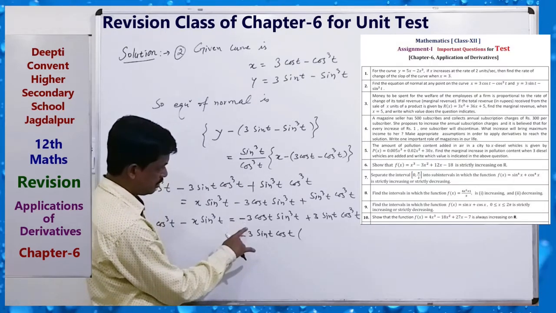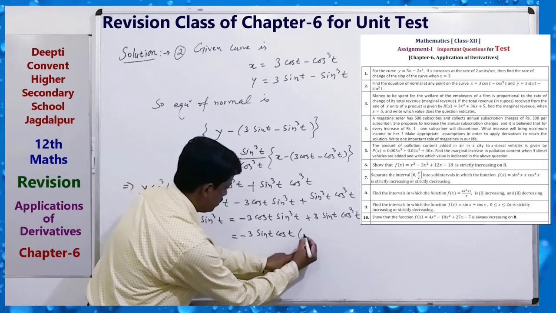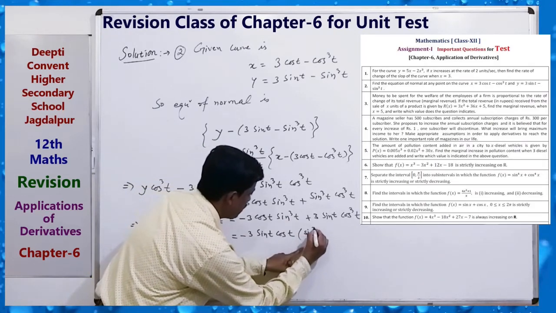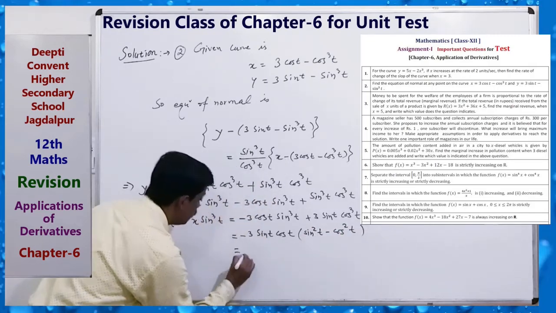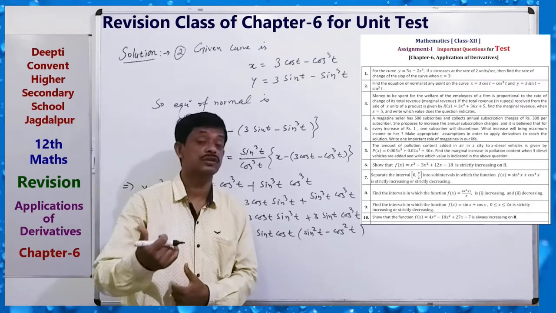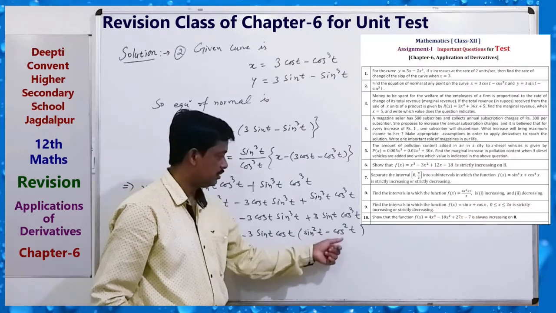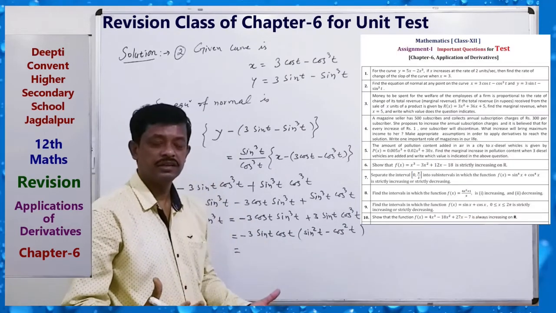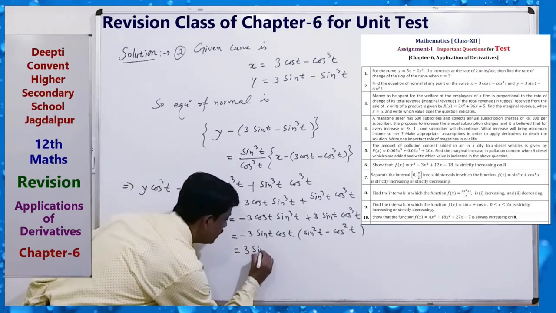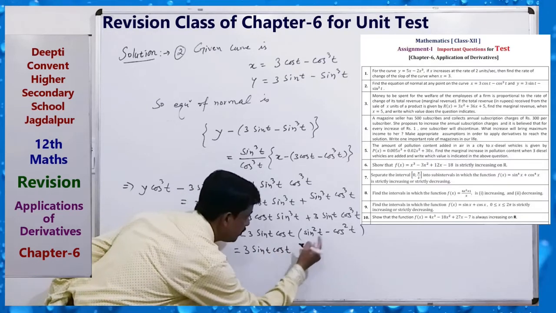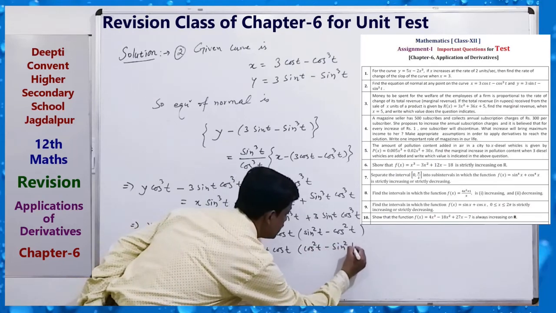So here we get sin²t minus cos²t. We know the formula cos²t minus sin²t equals cos 2t. So taking the minus sign inside, we get cos²t minus sin²t, that is cos 2t. So 3 sin t cos t times cos 2t.